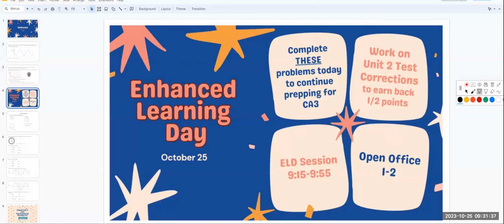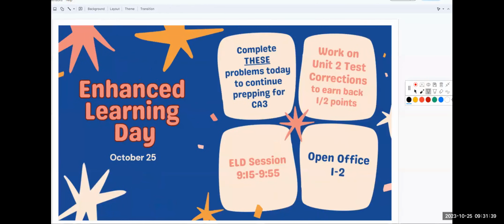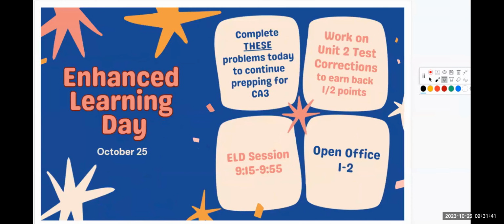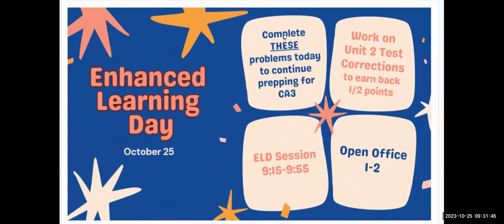Okay, from here, I'm going to kind of open it up. So this is what everyone has in Canvas today. So there are some problems for today that go over Unit 2 concepts, but they're the Unit 2 concepts that you're going to see on Common Assessment 3 tomorrow. So we're going to work on those. And so I have those here.